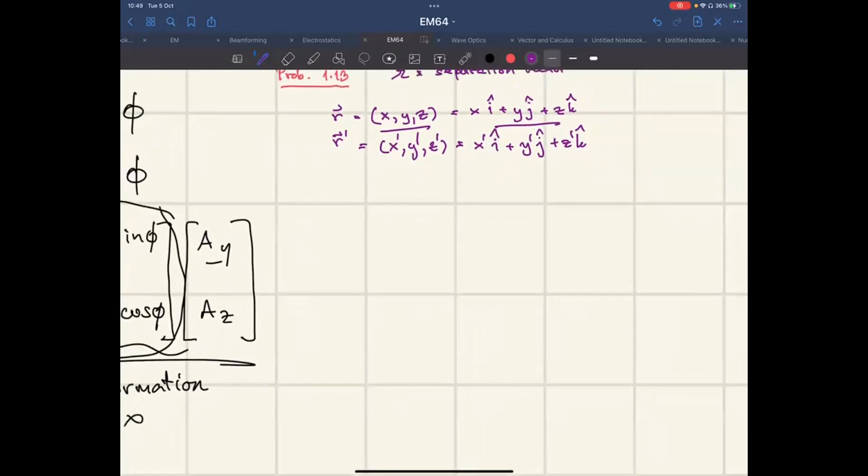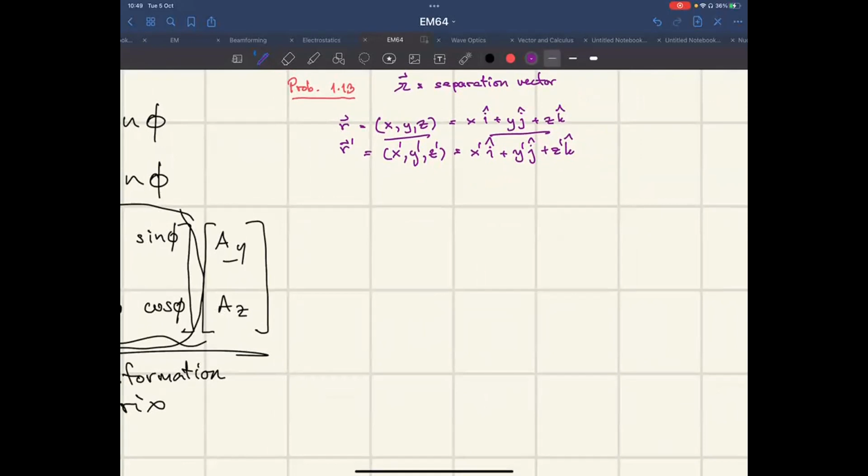And then the first question is: what is the value of the gradient of R square here? It needs to be square because the separation vector is itself a vector. You don't have a gradient of a vector.